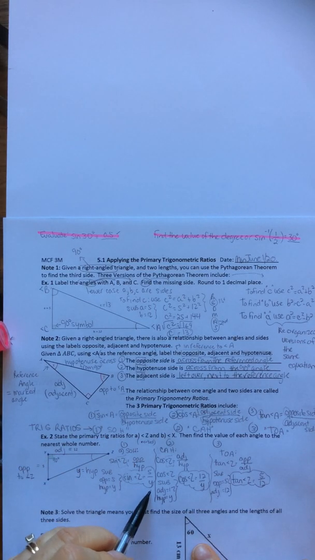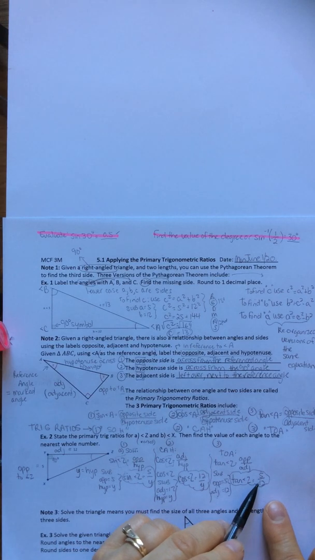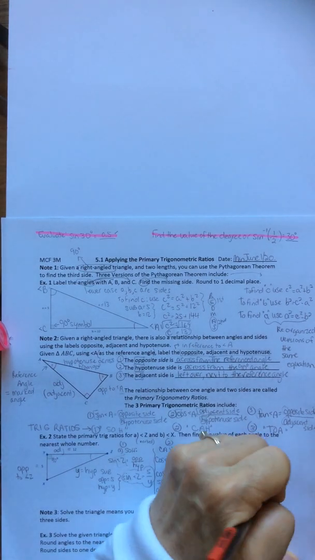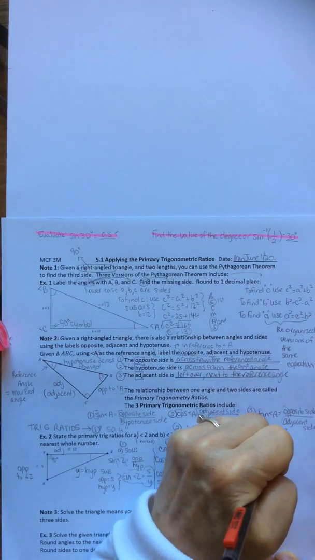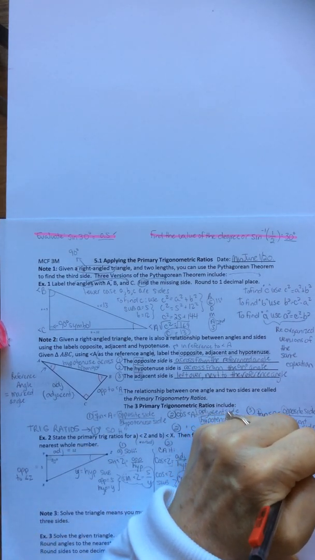It's not useful to find the value of the angle because we are unsure of two values. Here we're unsure of two values, but with tan we can find the angle. So we want to write a reminder to find the angle.